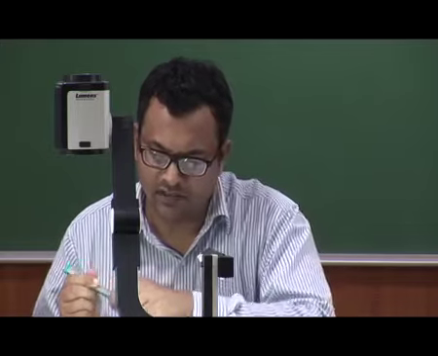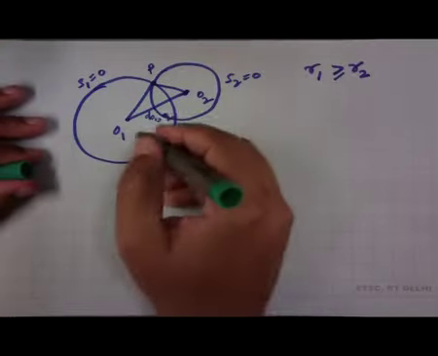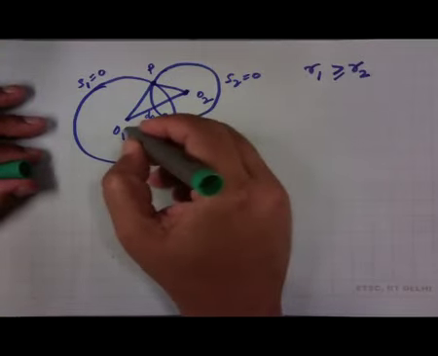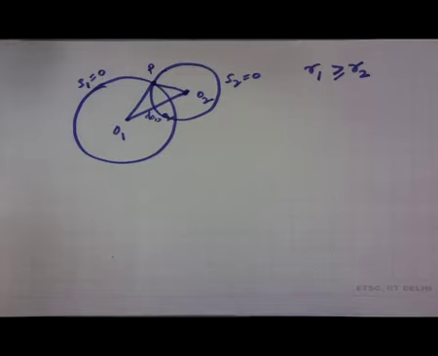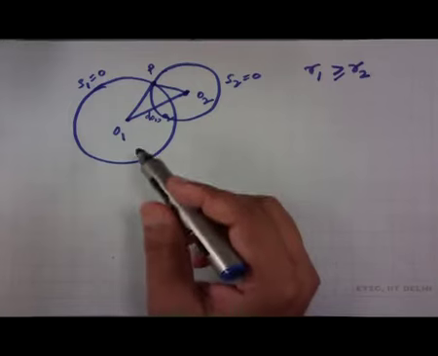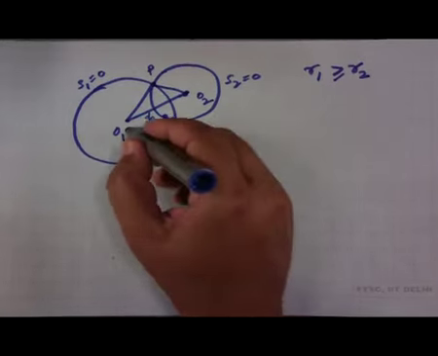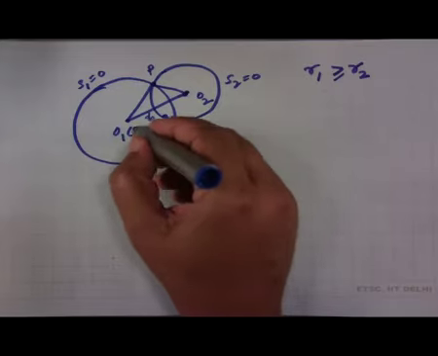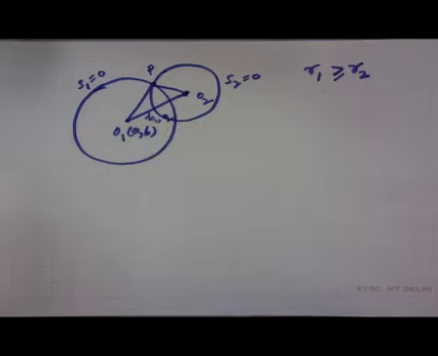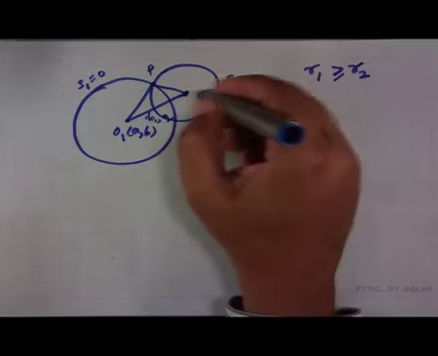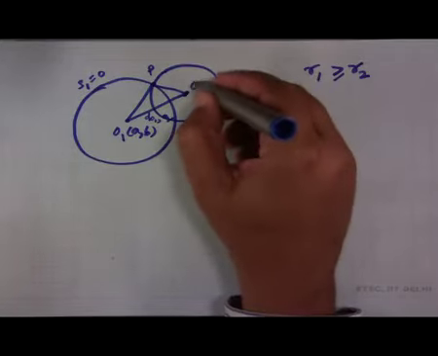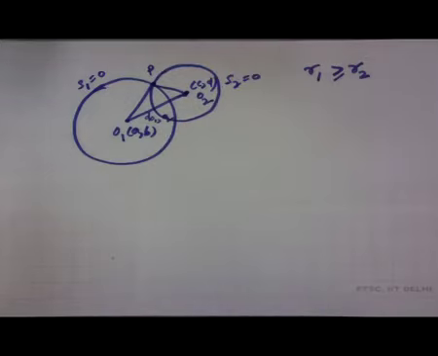Recollecting our previous lectures, let us say that the coordinates of O1, the center of the first circle, are (a, b), and the coordinates of the center of the second circle are (c, d).